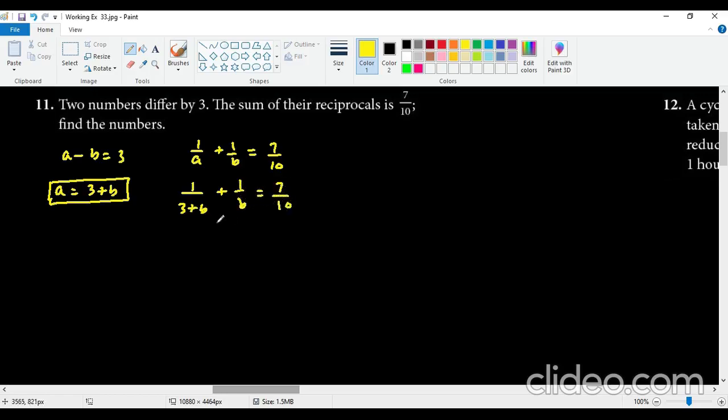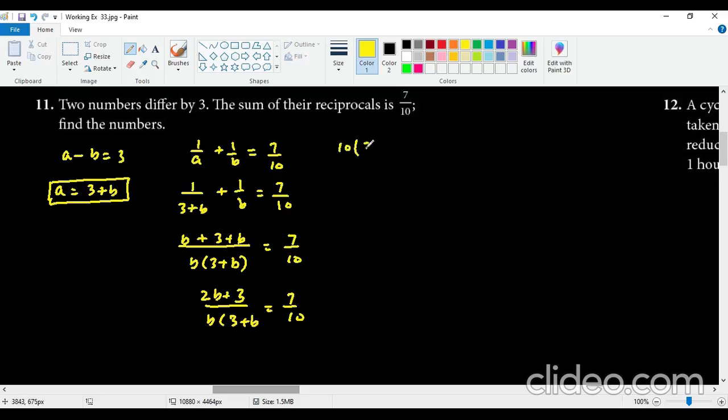Now solving this, it's going to give us b plus 3 plus b over b times 3 plus b is equal to 7 over 10. Now on top here you can see there are two b's, 2b plus 3 over b times 3 plus b equals 7 over 10. So when we cross multiply, that gives us 10 times 2b plus 3 equals 7b multiplied by 3 plus b.